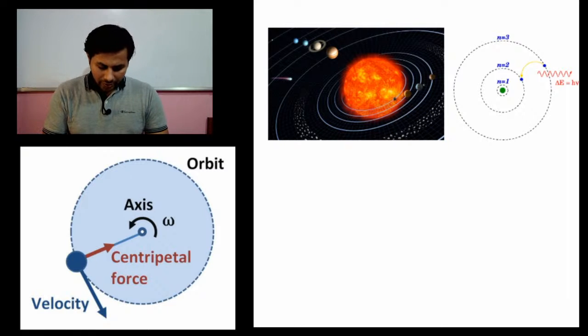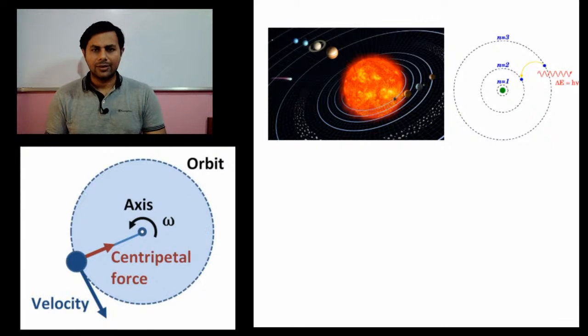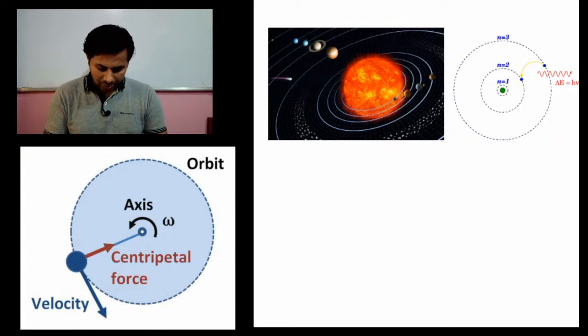For a stone tied to a string and whirled in a circle, the centripetal force is provided by tension in the string, directed along the radius and towards the center.